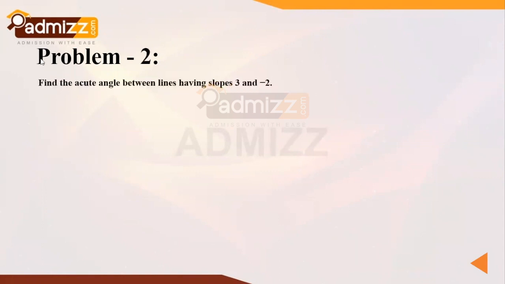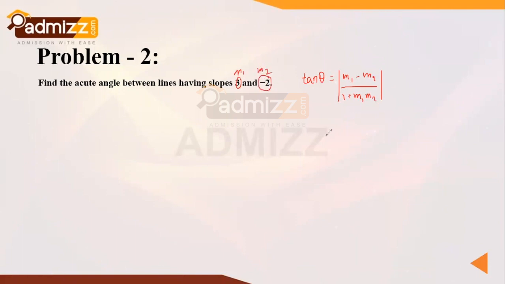The next problem is: find the acute angle between the lines having slope values 3 and -2. This is very easy to simplify. We know the acute angle formula is given by tan theta equal to modulus of m1 minus m2 the whole divided by 1 plus m1 m2. Here m1 is 3 and m2 is -2.